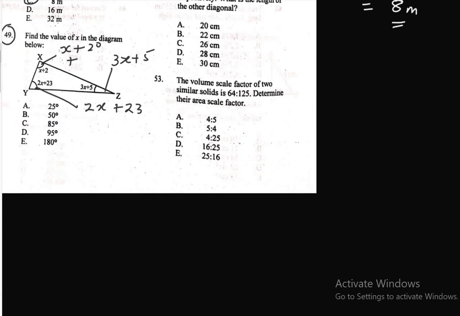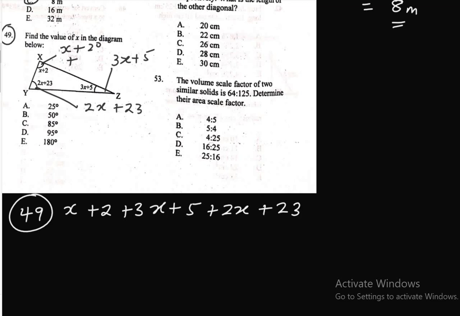Let's solve it properly. x plus 2 plus 3x plus 5 plus 2x plus 23 must give us 180 degrees, since the sum of interior angles of a triangle must give you 180. Sum of the variables: x plus 3x is 4x, plus 2x is 6x.